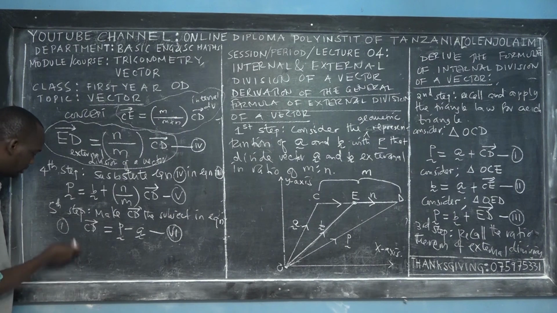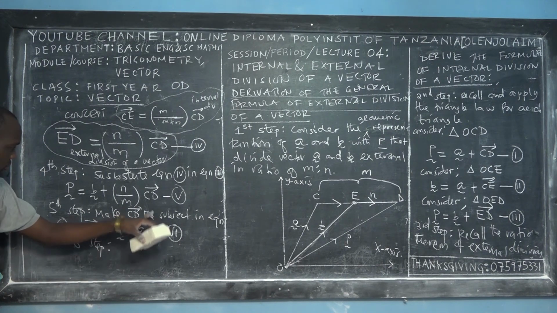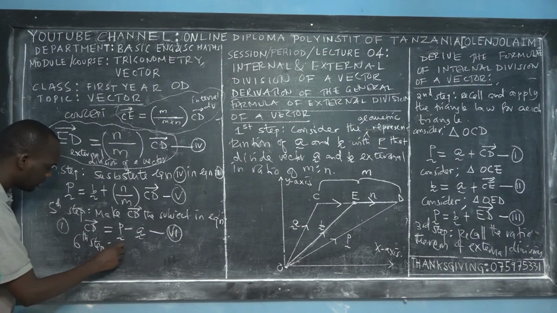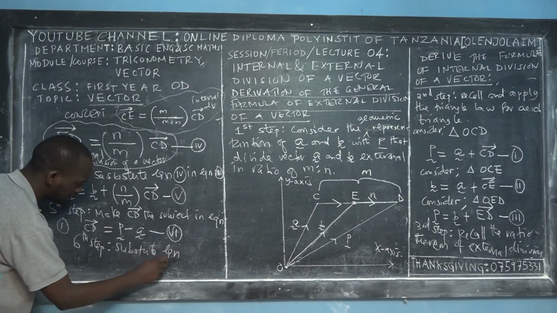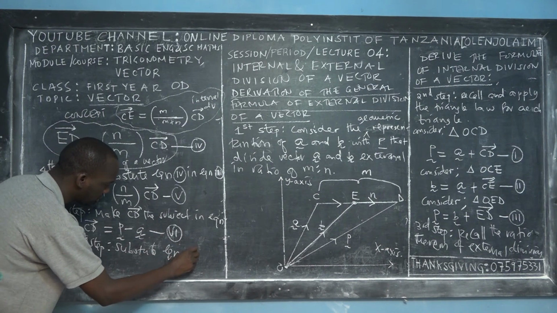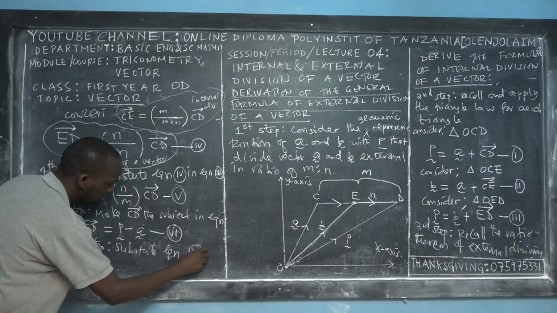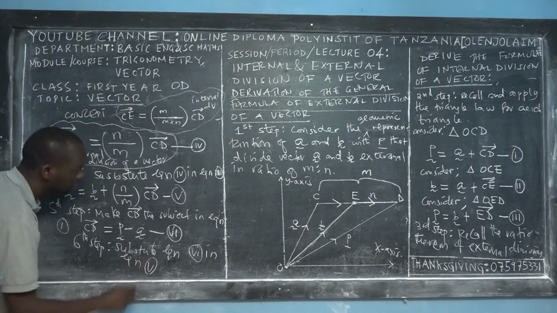So then we go for the sixth step. The sixth step, we say that, okay, so now we have the relationship between equation 5 and equation 6. We say that substitute, see the way that I simplify my teaching, okay, substitute equation 6 in equation 5.